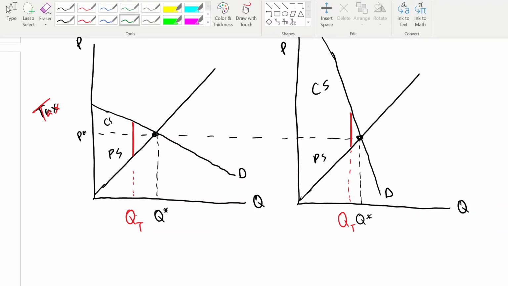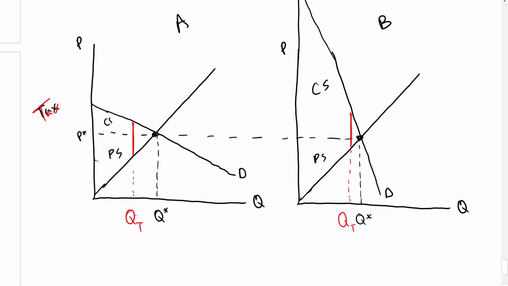And what happens to the consumer and producer surplus? Well, producer surplus, okay, we're going to erase those. Producer surplus is again going to be this, actually it's not going to be the same in both markets, but producer surplus is here and here. Let's do the tax revenues in red.